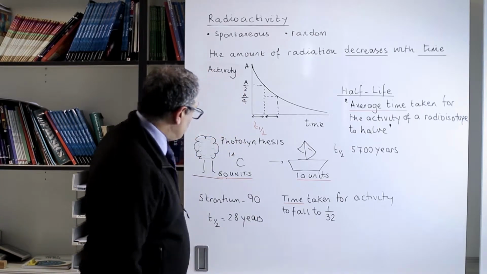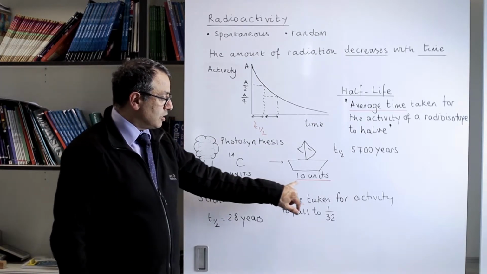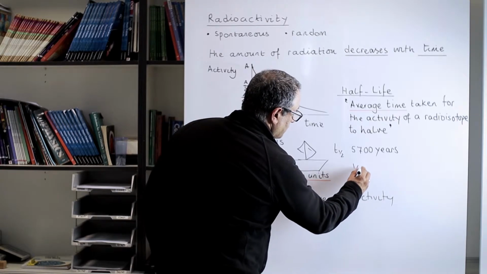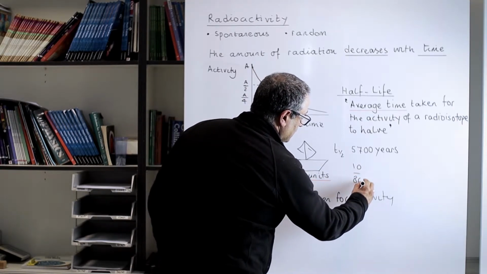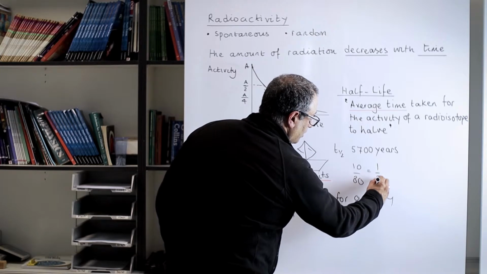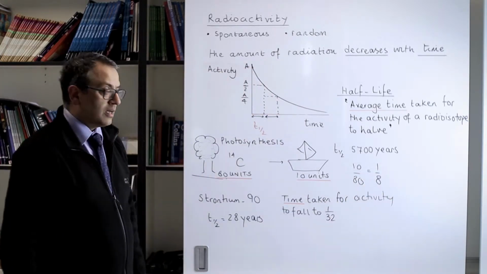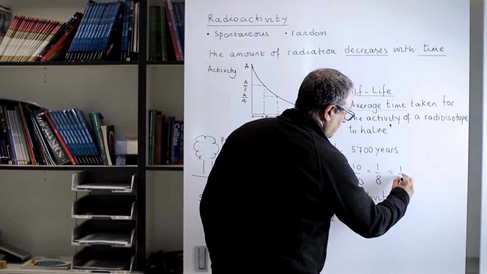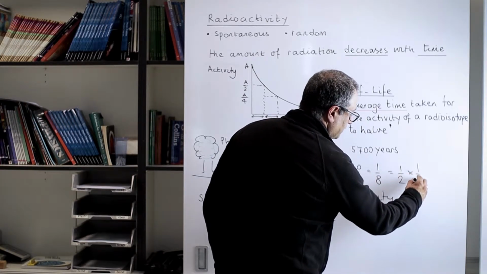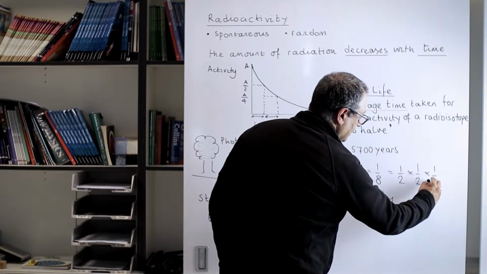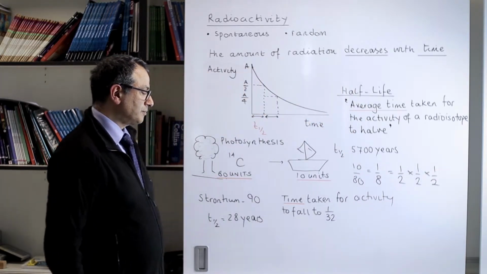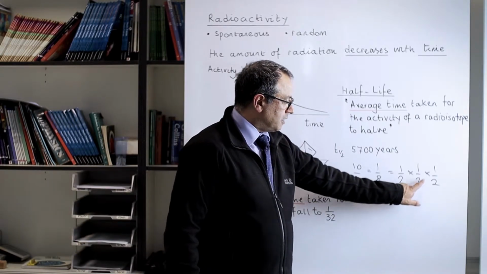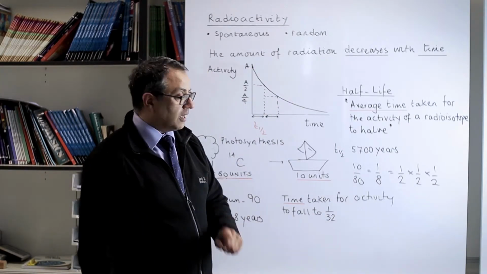So, you'll notice it's gone from 80 units to 10 units. And 10 out of 80 is an eighth of the initial activity. Now, to get to an eighth, you would have to halve the initial activity, halve it again, and then halve it again to get an eighth. So that's half of a half of a half, that's 3 half-lives.